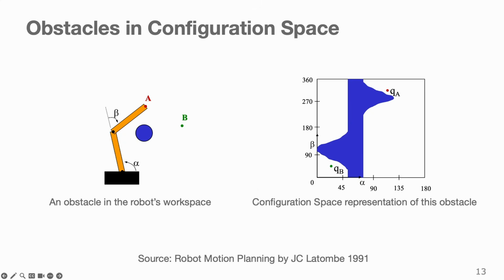Because there are also, for example, obstacles, right? For example, here, imagine in this simplified robot, if we have this blue circle that represents an obstacle, that would translate to this in the configuration space of the robot, right? So this is the forbidden region that your robot joints should not reach.